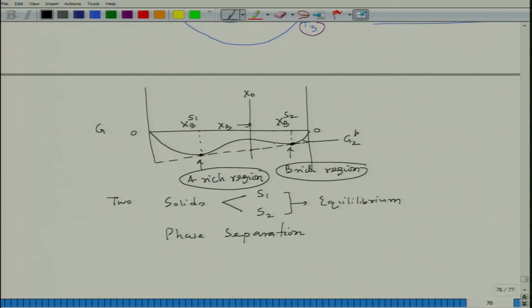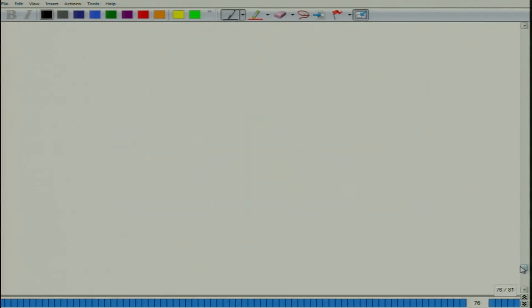And because of this particular situation, we get to see eutectic as well as eutectoid phase diagrams.